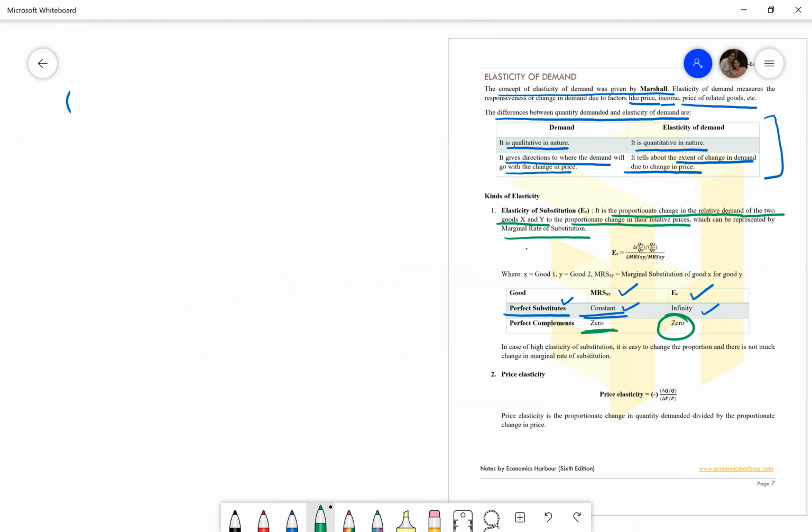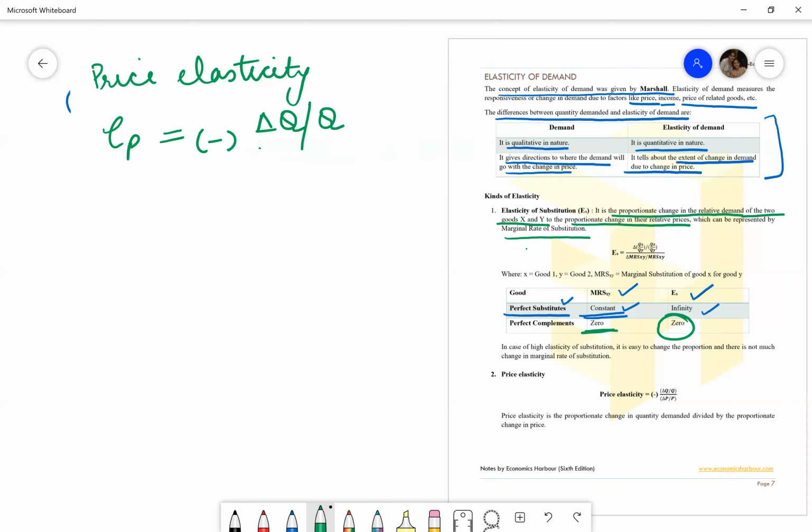The second is the price elasticity. So we go on to the formula. Elasticity of price is equal to negative sign, I'll explain it later, proportionate change in quantity divided by proportionate change in price. So the definition is that price elasticity is the proportionate change in quantity demanded divided by the proportionate change in price.